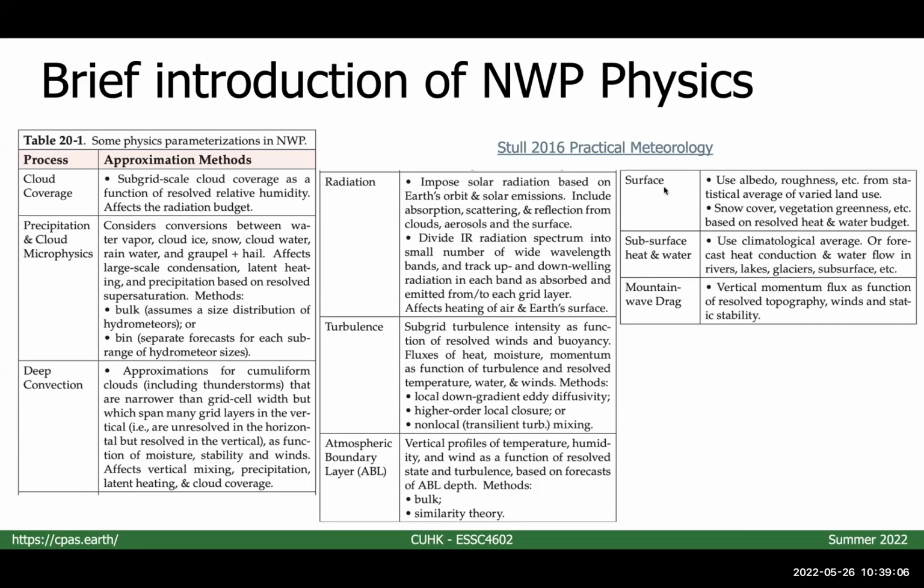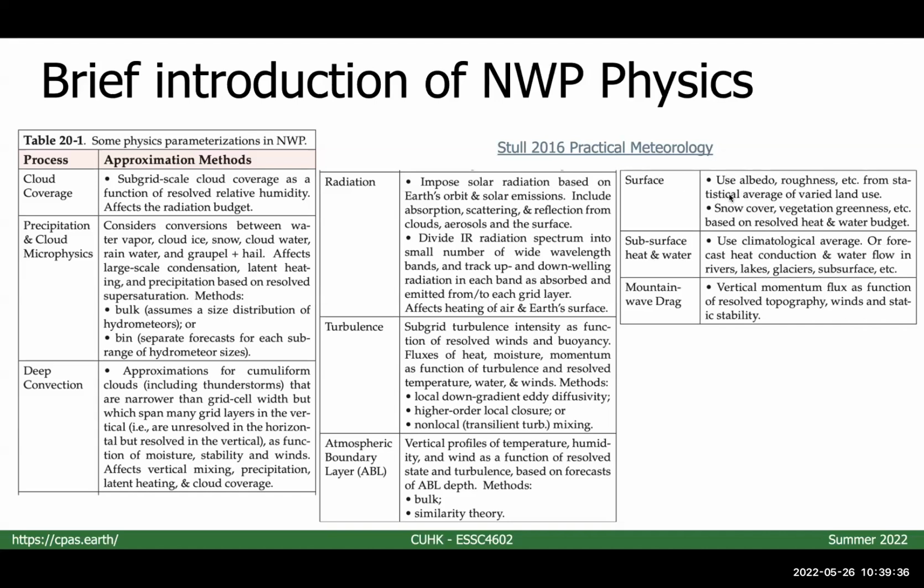And then the surface model includes a land surface model, or actually an ocean surface model. It also needs to be handled, and also for areas near the North Pole and South Pole, they are usually covered by snow and ice. So the albedo, the fraction of radiation energy reflected out, is quite different for land, ocean, and near the poles.